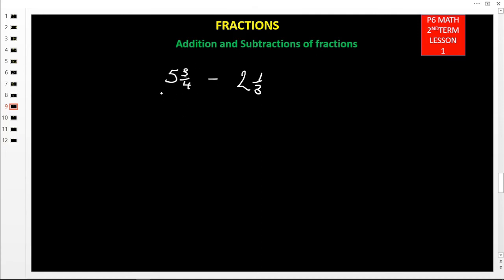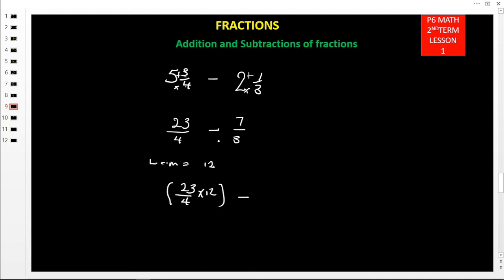So here we convert. This is 4 times 5, which is 20, plus that one, we are having 23 out of 4, then minus, 3 times 2 is 6, plus this one, 7 out of 3. Then the LCM is 12. So our LCM here is 12. Then it is 23 out of 4 times the LCM, which is 12.